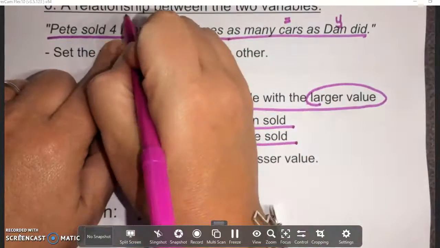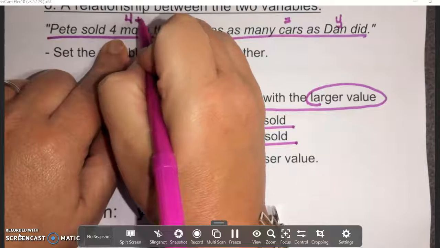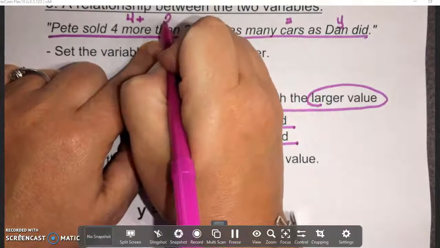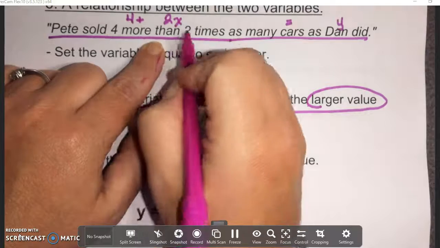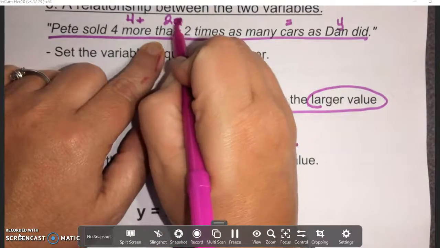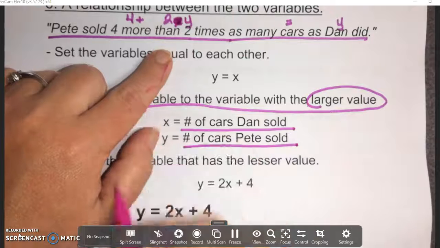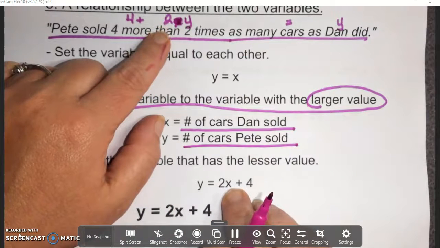So if we go back up here and look, Pete sold 4 more, that's add 4, than 2 times as many cars as Dan did. Well, how many did Dan sell? X. So that's how we get 2x.